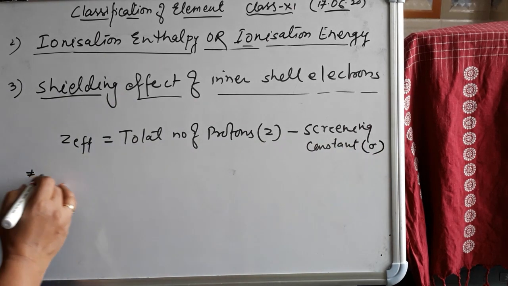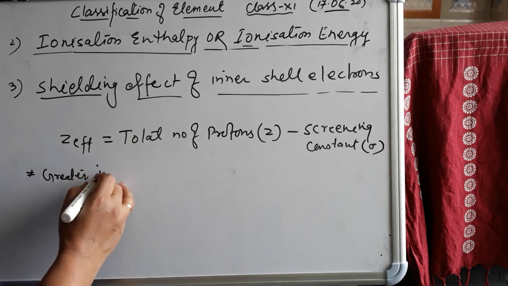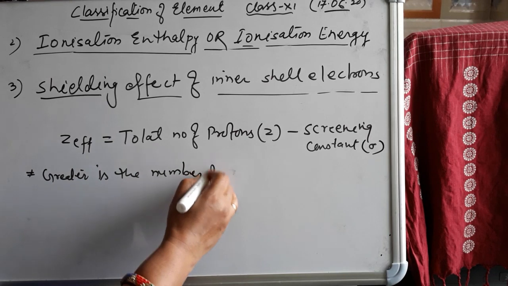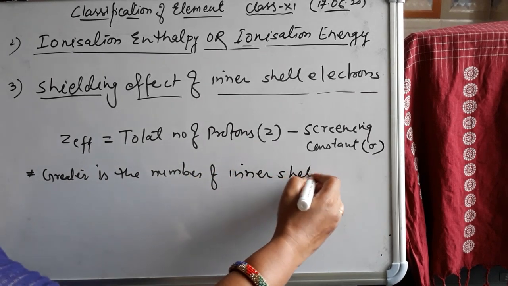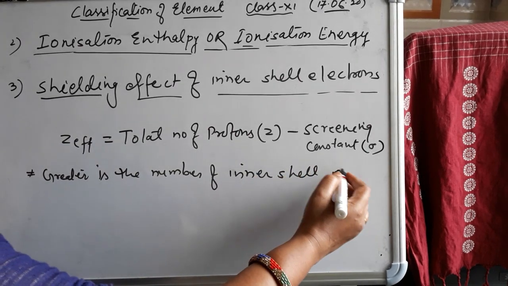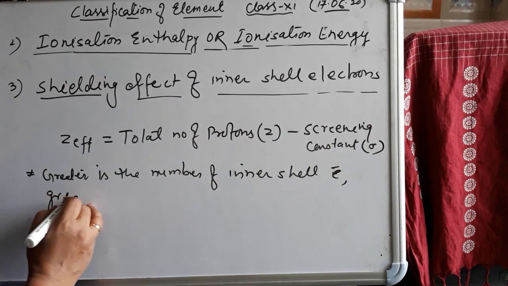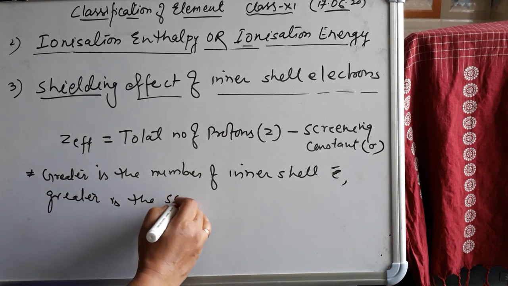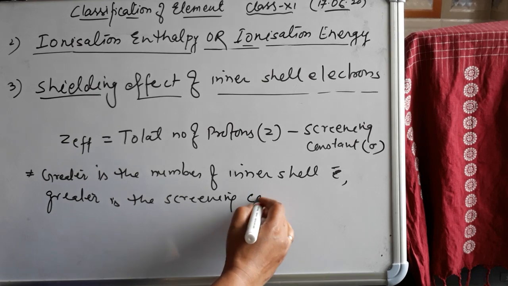So simply we can explain it this way: greater is the number of inner shell electrons, greater is the screening effect or screening constant.